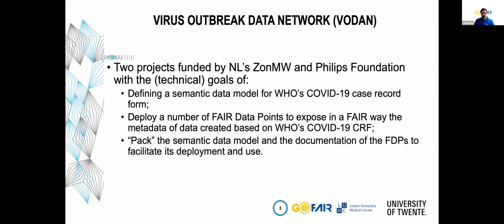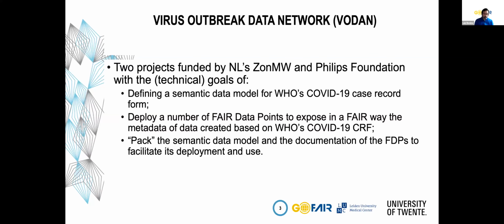We are supposed to deliver three main technical elements. One is a semantic data model for a particular type of data set. I'm going to talk a little bit more about this later. Another one is to deploy a number of data points to expose the metadata about any kind of data related to the pandemic now, and later to any other virus outbreak, in a FAIR way.